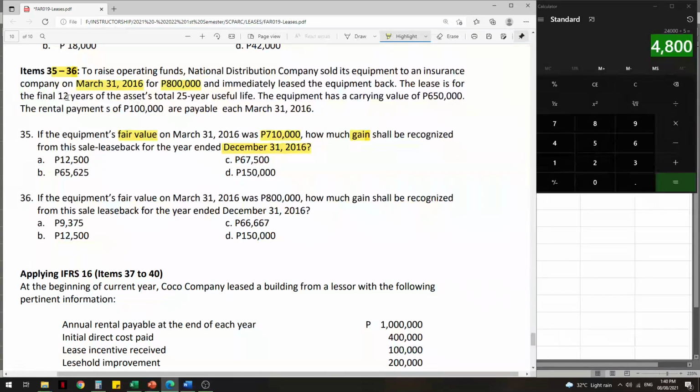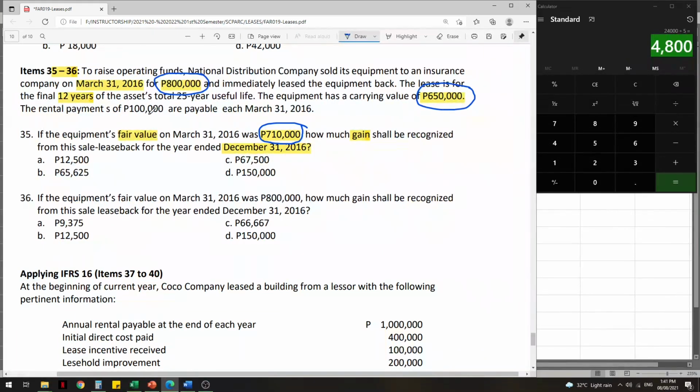The lease is for the final 12 years of the asset's total 25-year useful life. Meaning only 12 years remain as the remaining life of our asset, and we lease it for that remaining life. The equipment has a carrying value of 650,000. So we have the three important figures: the carrying value, the selling price, and the fair value.